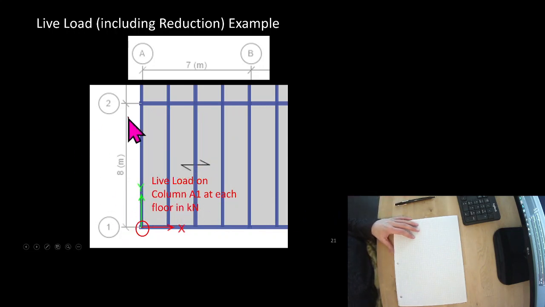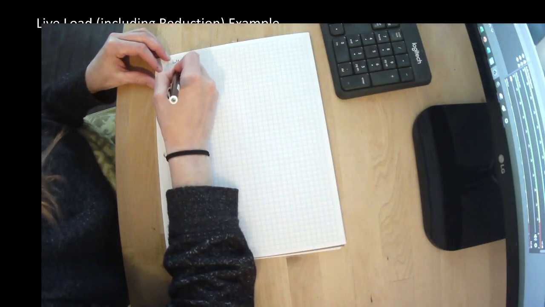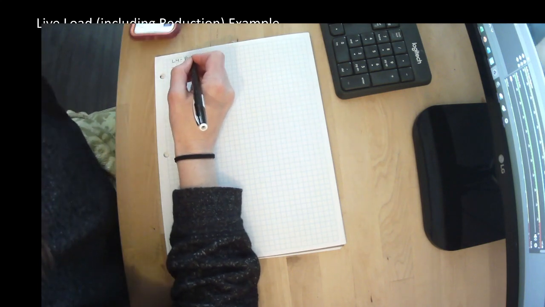So we have an 8-meter bay here and a 7-meter bay here. So we can calculate our tributary area here.